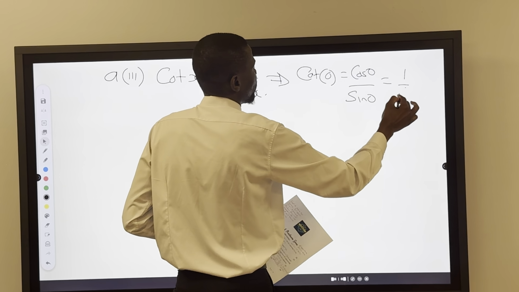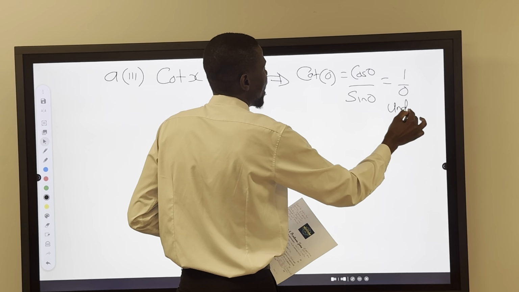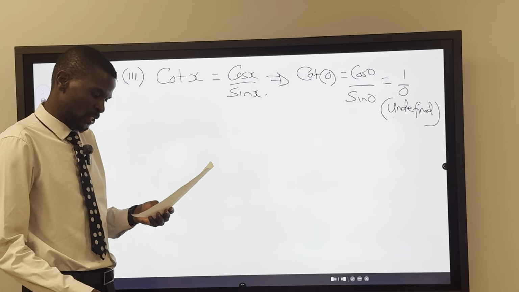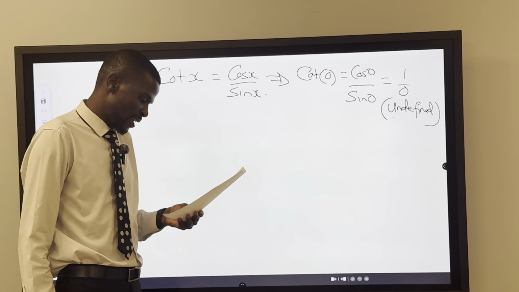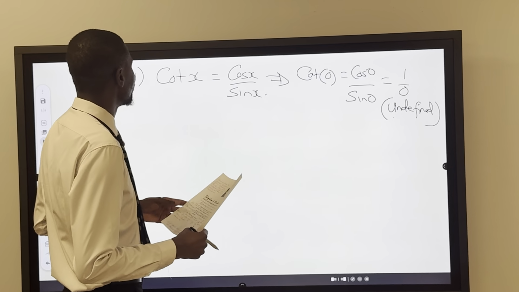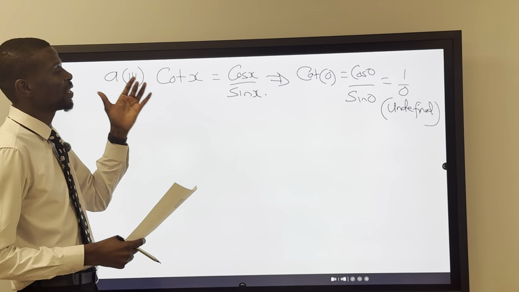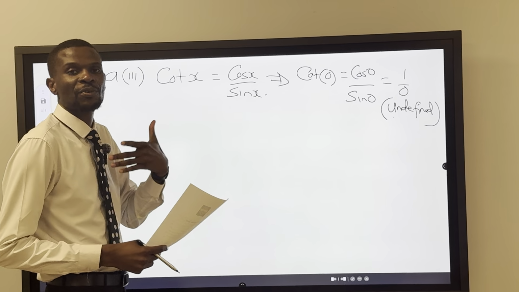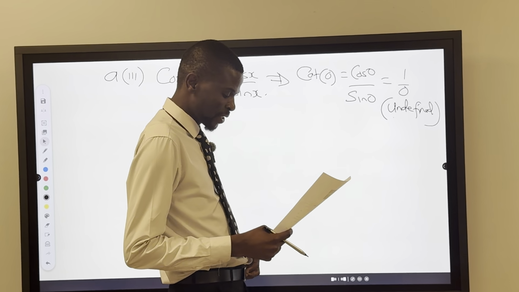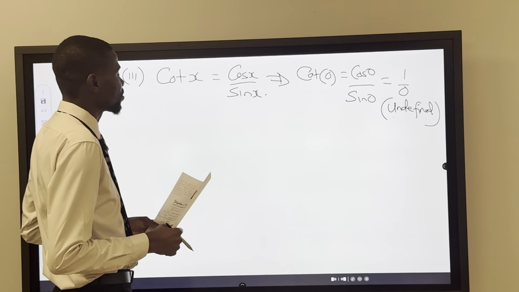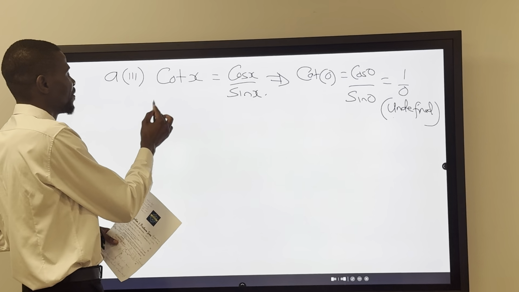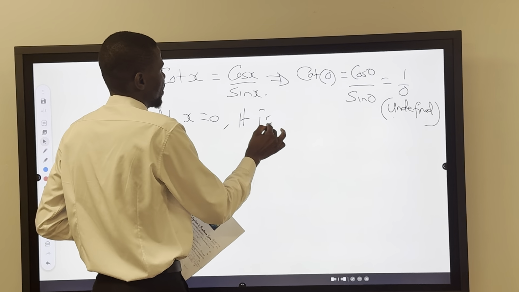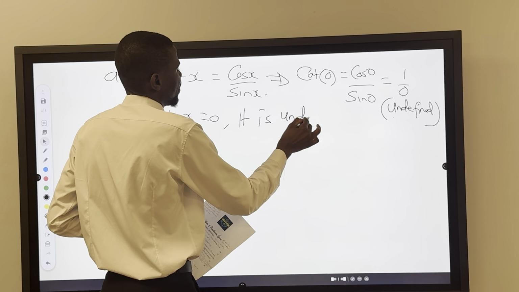Cos 0 is 1 over 0, and it becomes undefined. So if we find the Maclaurin series of cot x, it is undefined, since we cannot divide by 0. I think that's the best answer. So at x equal to 0, it is undefined.